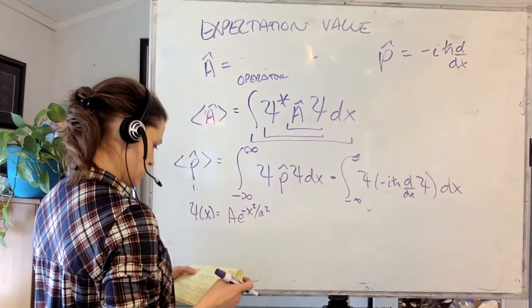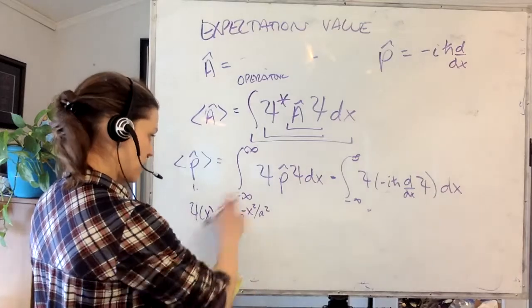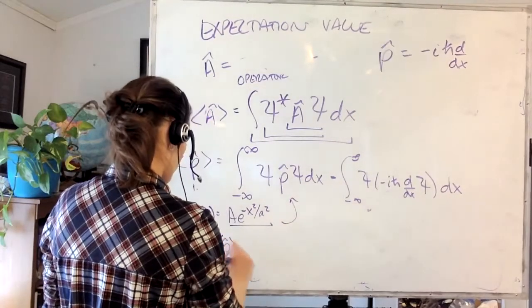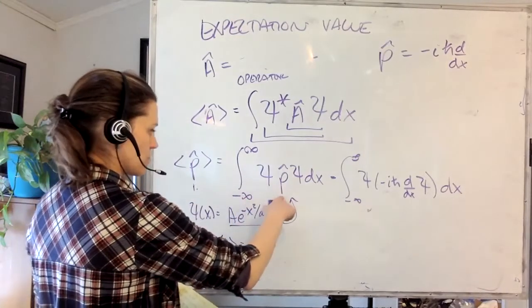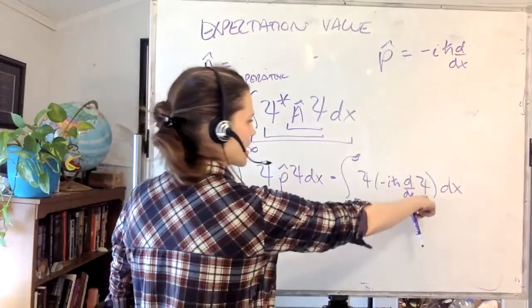So if I put this into here, the expectation value is the integral of psi, p hat, times psi. So this is going to be minus i h bar d/dx on psi.